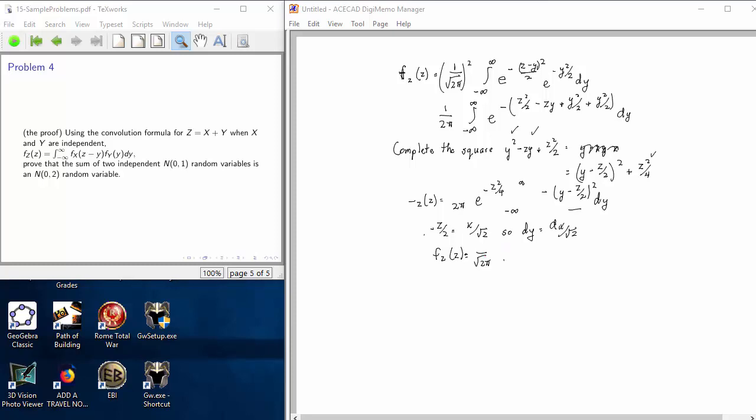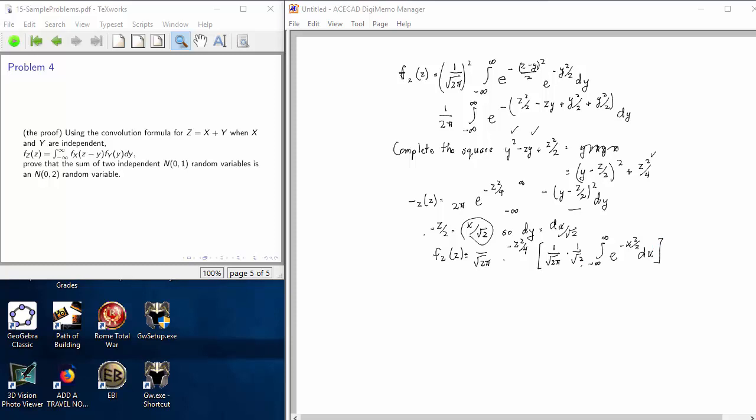I've got e to the minus z squared over 4 sitting outside, and then that all gets multiplied by another 1 over the square root of 2 pi times the 1 over the square root of 2 from there times the integral from minus infinity to infinity of e to the minus x squared over 2 dx.